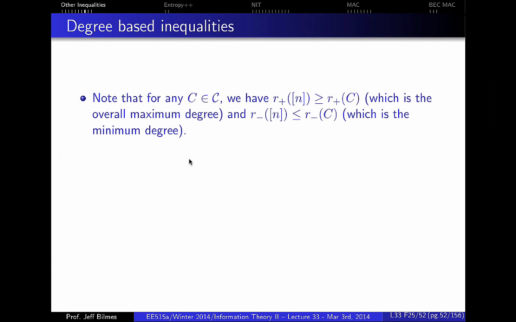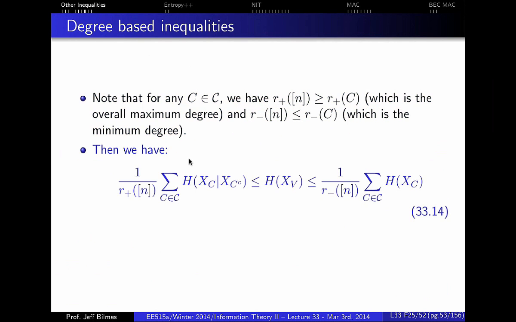We can also define the max overall degree and the min overall degree, and we can get another inequality as well. This is the sum over the individual clusters, and it's a fairly trivial consequence of the previous ones, because we're substituting all of the denominators by an upper bound and then pulling it out of the sum.